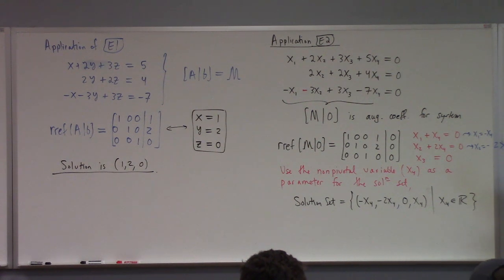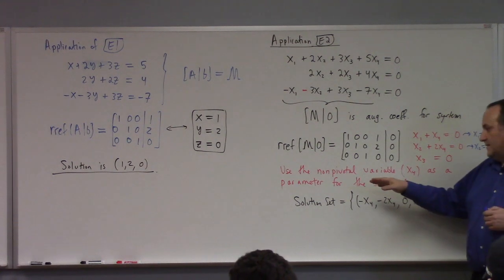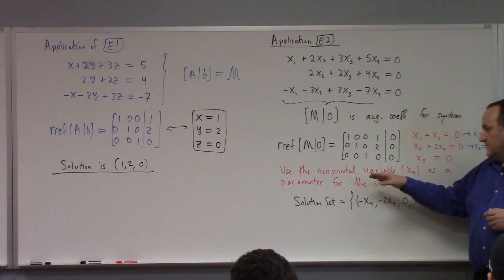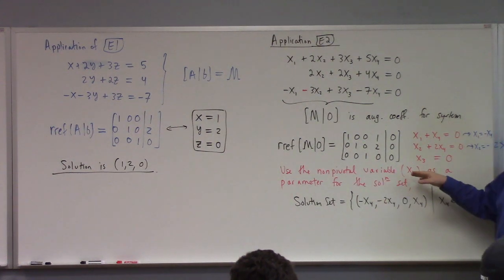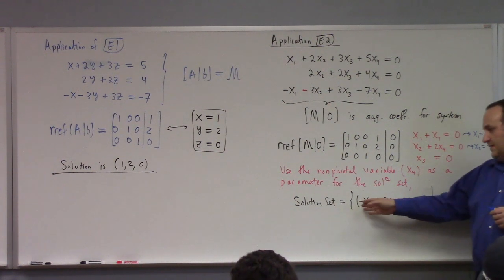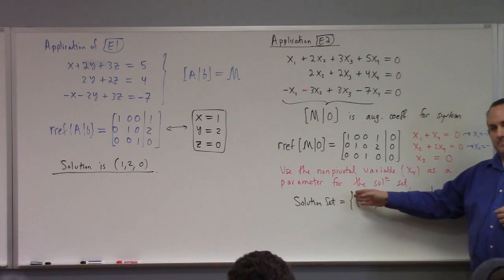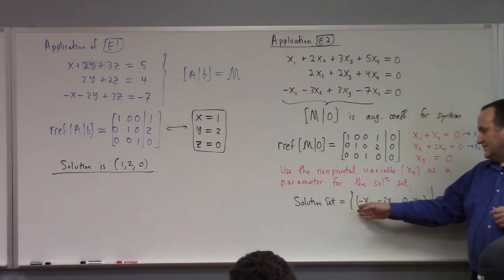I will ask you in the homework to write the solution in the standard form. The standard form for us is that we use the non-pivotal variables to write the pivot variables as dependent variables.